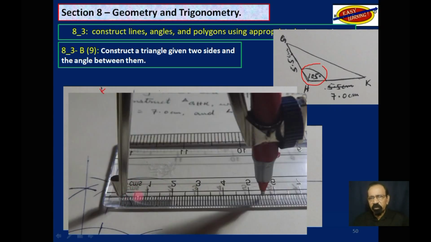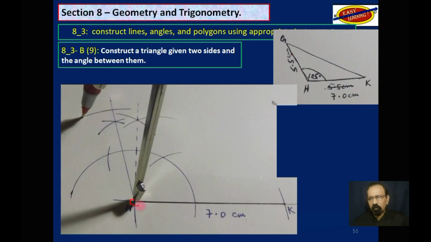And then using your compass, measure 5.5 centimeters, that's there, from 0 to there. Place the metal point of your compass at H and make an arc like that, which would mark off 5.5.